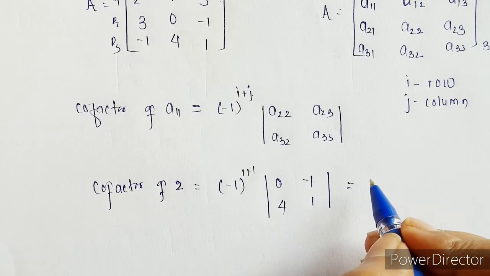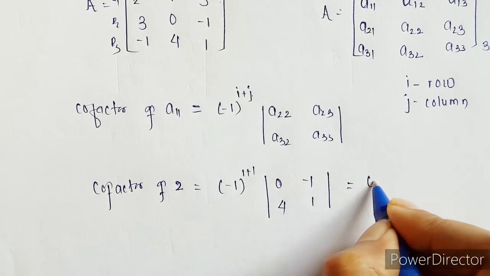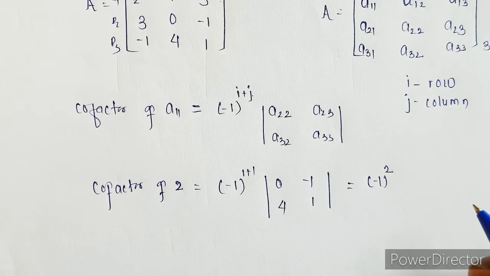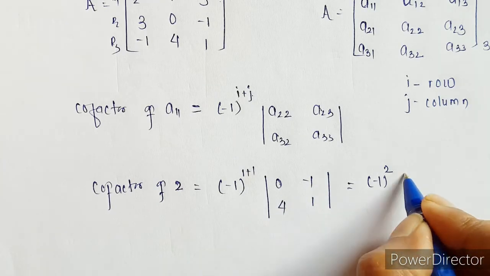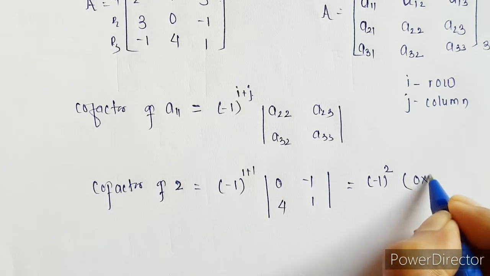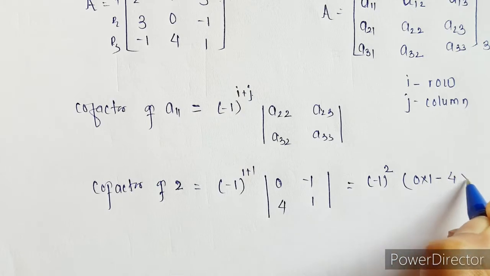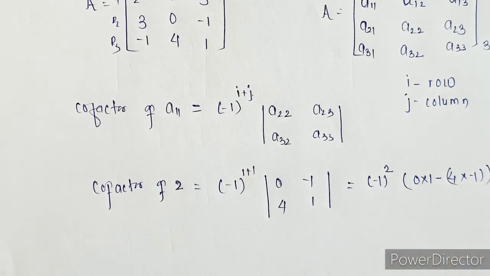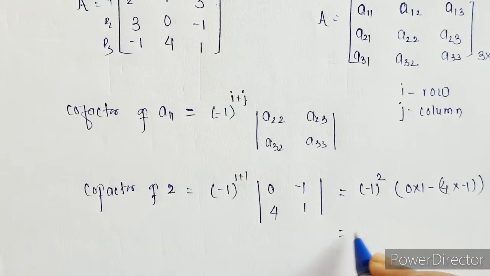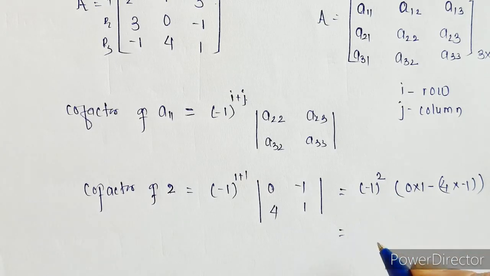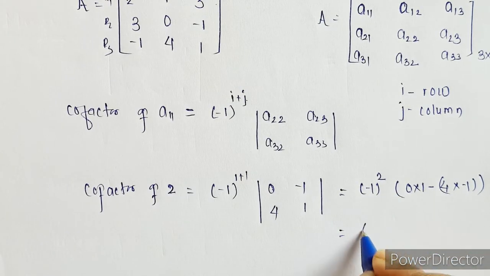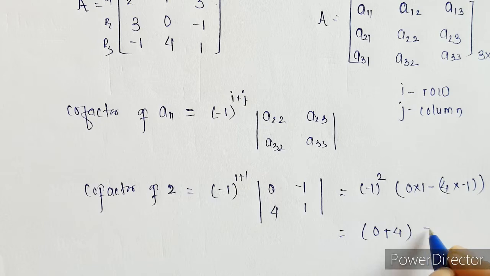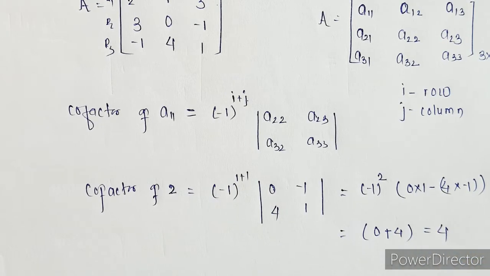So this will be minus 1 raised to power 2 and then the determinant, that is 0 into 1 minus 4 into minus 1. Minus 1 square will be plus 1, minus into minus is plus, and here we have 0 plus 4 into 1, which is 4. So the cofactor of 2 is 4.